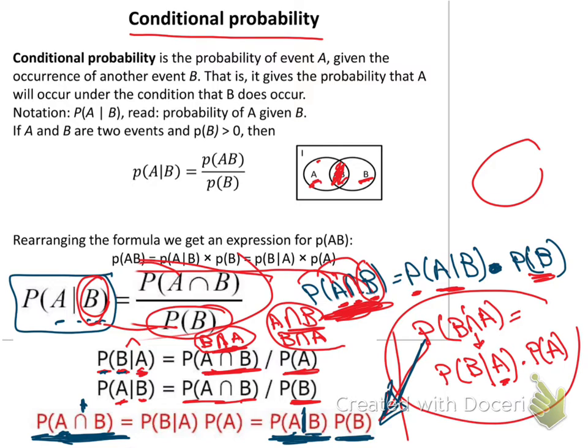In the same way, the probability of A intersect B, because A intersect B or B intersect A doesn't matter, can be written as the probability of B intersect A, right?